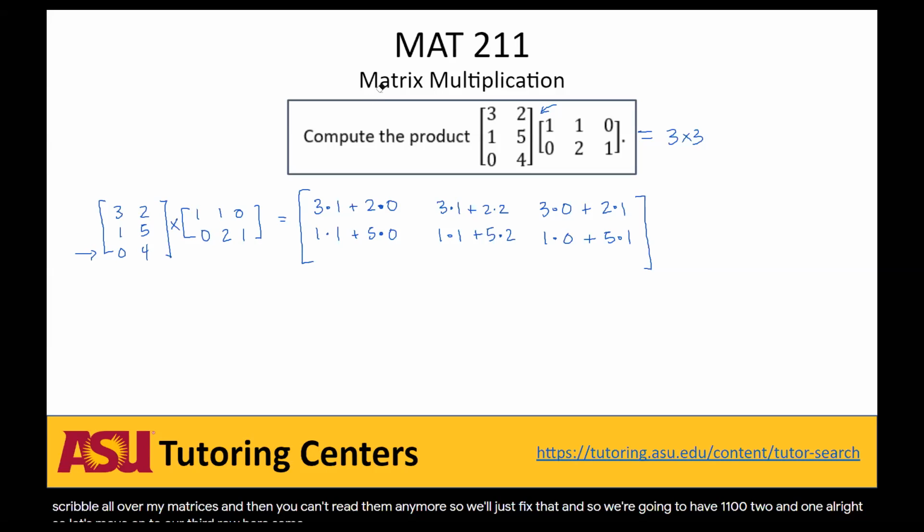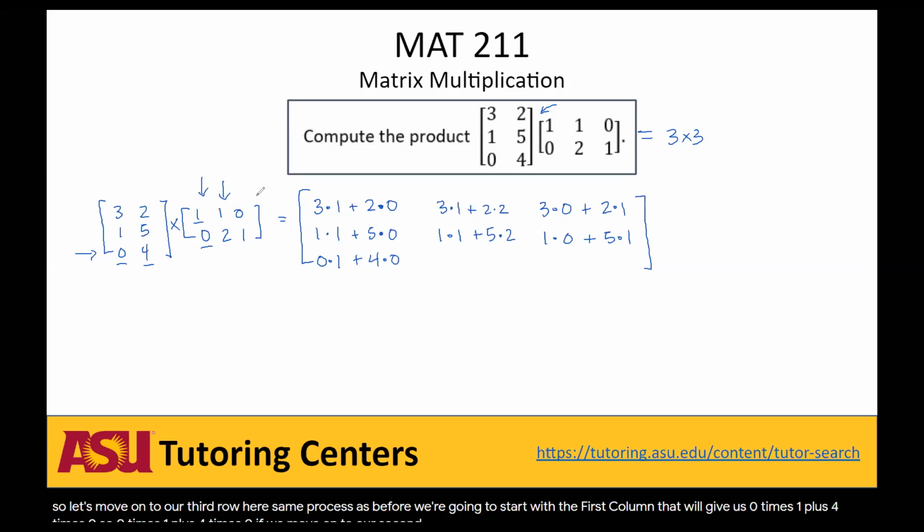Same process as before. We're going to start with the first column. That'll give us 0 times 1 plus 4 times 0. If we move on to our second column, we're going to have 0 times 1 plus 4 times 2.